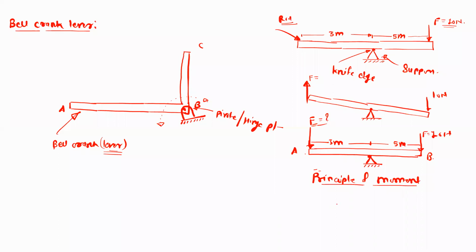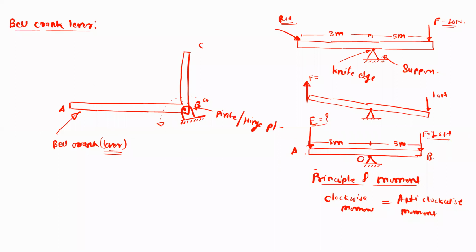So the principle of moment is nothing but, for equilibrium of any object, the clockwise moment must be equal to the anti-clockwise moment. Okay, so if you observe this simple lever, that is a lever AB supported on the knife edge, then the clockwise moment is created by this force 10 Newton about this point.